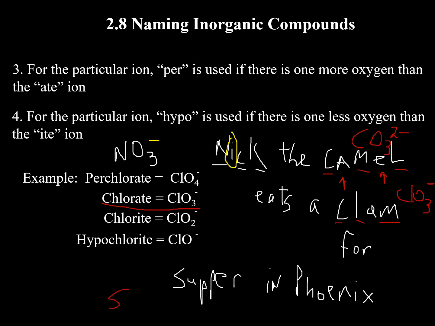Supper, sulfate, SO, 1, 2, 3, 4, SO4 2-, because there's 2 vowels. And the last one, phosphate, P, 1, 2, 3, 4 consonants, PO4, and 3 vowels. 3-.